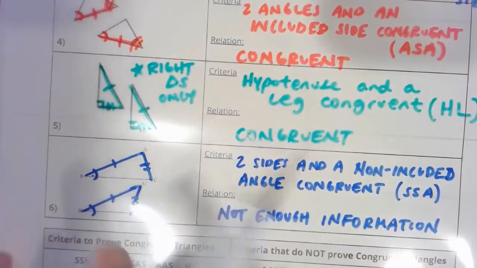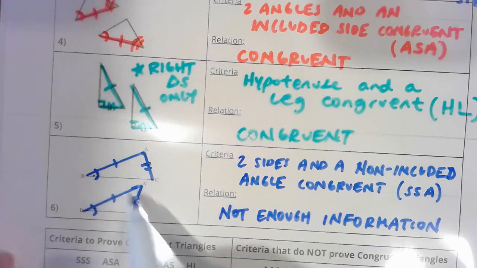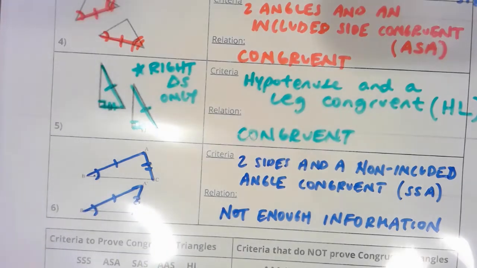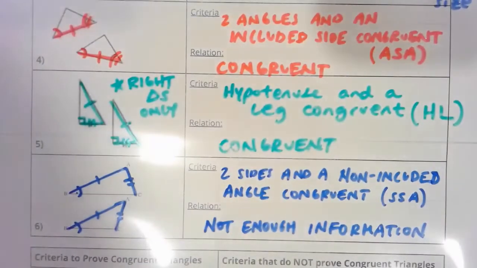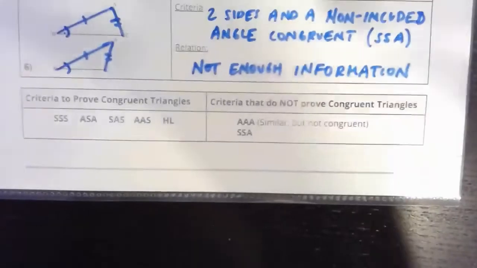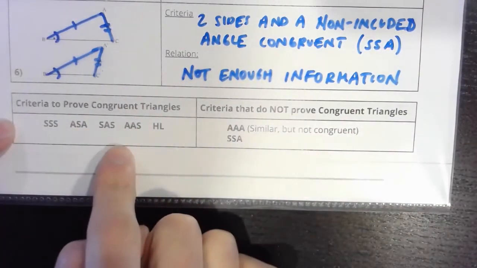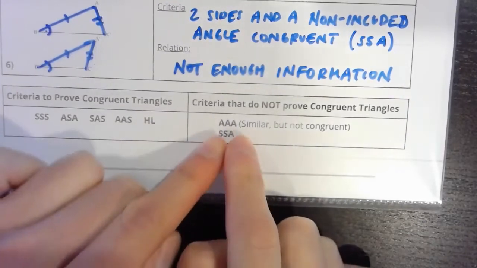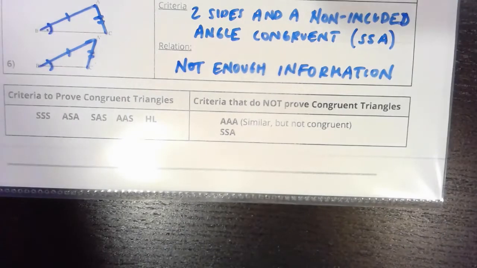And you can see from this example, while the two triangles have a congruent angle and two sides, you can tell that they're actually not the same. That's an example of two non-congruent triangles. So as a guide for you, these are the criteria that you can conclude that the triangles are congruent. With this criteria, we cannot prove that they are congruent.